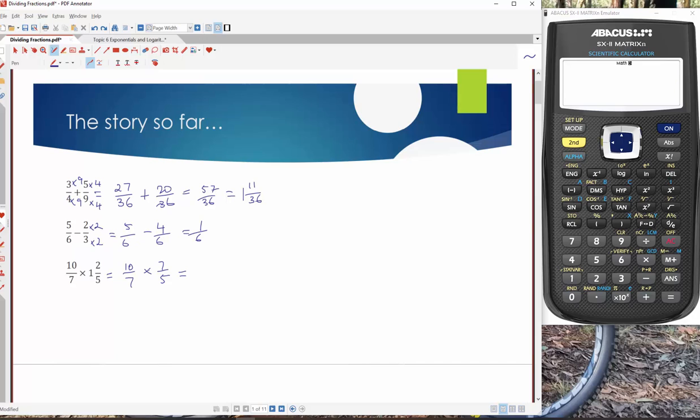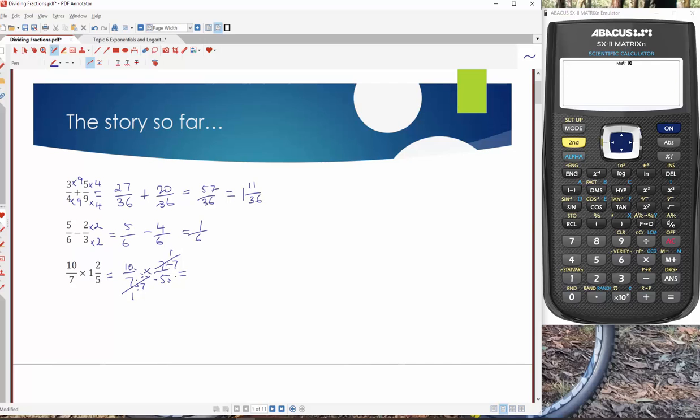And then we just check across here and across here to see whether there's a number that goes into both of these numbers. Now 7 and 7, definitely. We divide that by 7 and divide that one by 7, which is 1 and 1. Now what will go into 5 that will also go into 10?